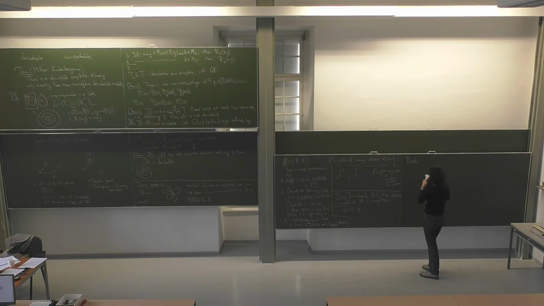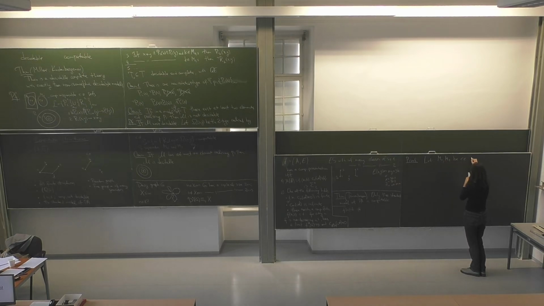Let's prove it and then have a coffee break. What was our notation? M0, M1. Let M0 and M1 be computably enumerable, computably inseparable sets.